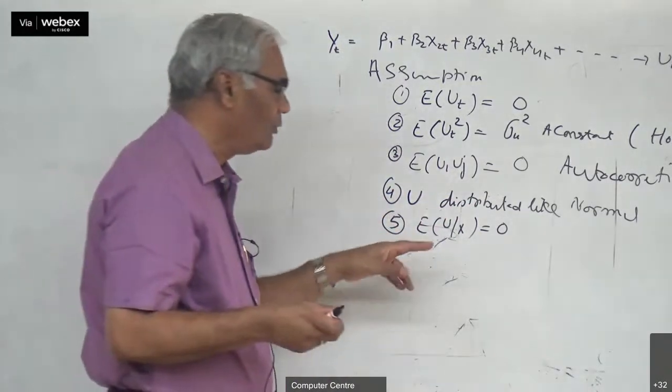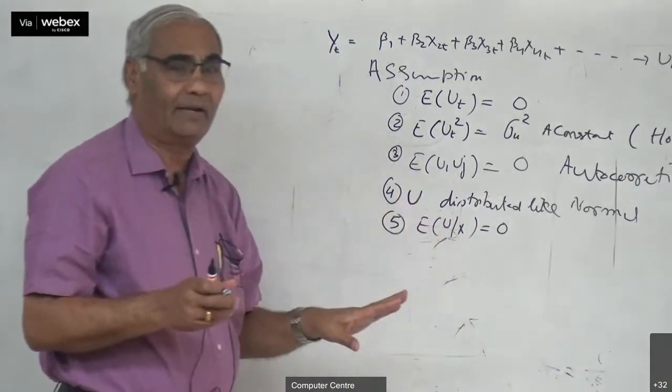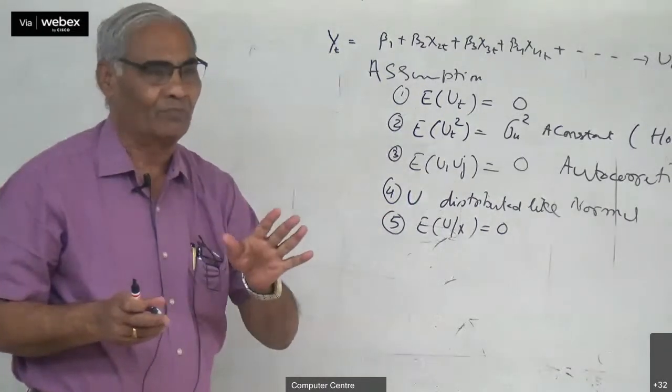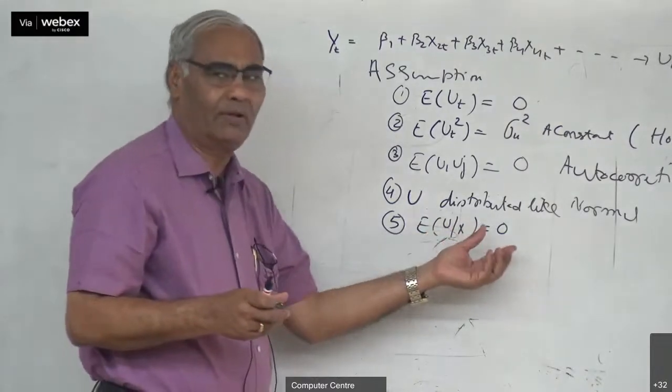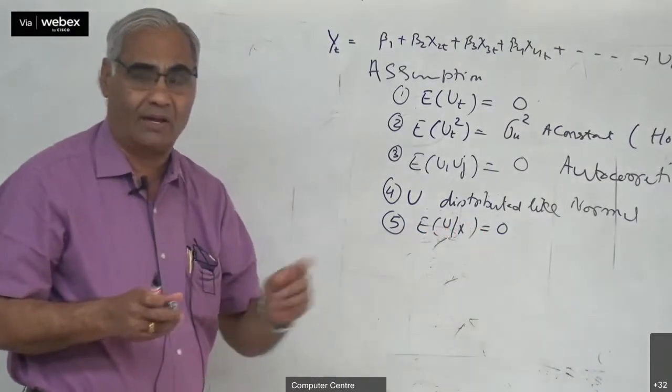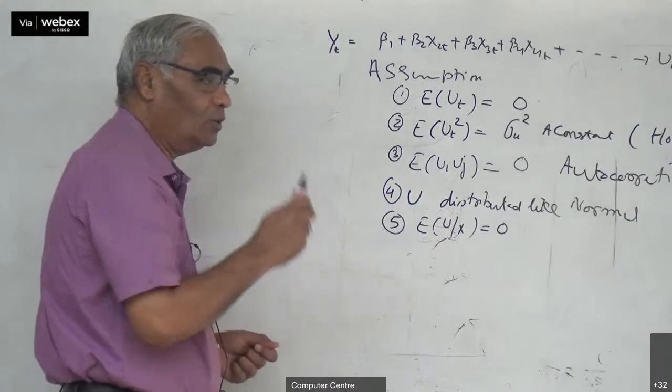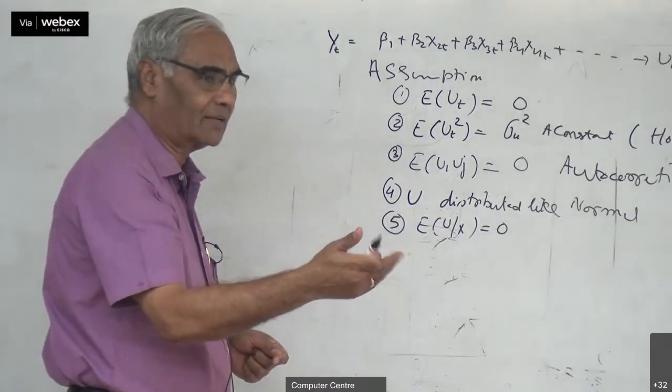So we are assuming that U is completely random and X is not random. X is a fixed variable. Therefore there is no chance of having correlation between these two. So we are assuming that all U's are independent of the X.